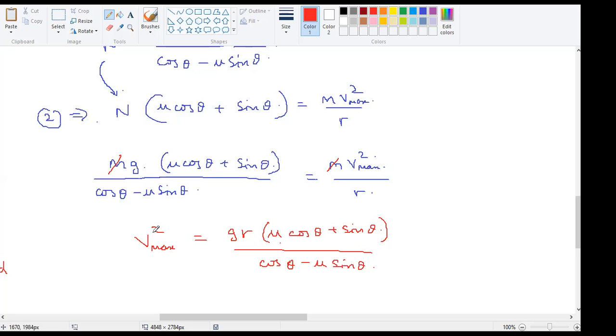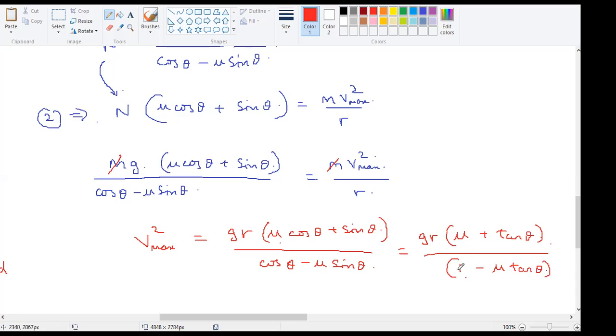If you stop here, but remember there's a square here. But generally in the textbook, what they have done is they divided by cos everywhere. So if I divide by cos theta here, I can divide by cos theta here also, which means it will become GR mu. Cos theta goes away, sin by cos will become tan. Divided by cos, cos by cos will become 1 minus mu tan theta.